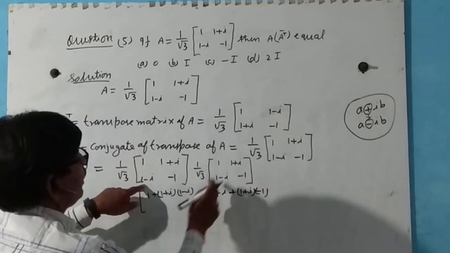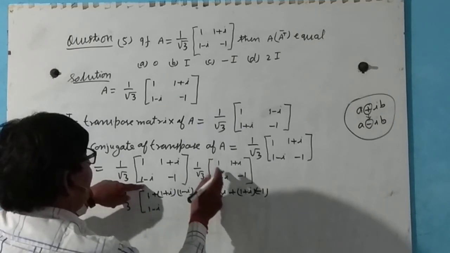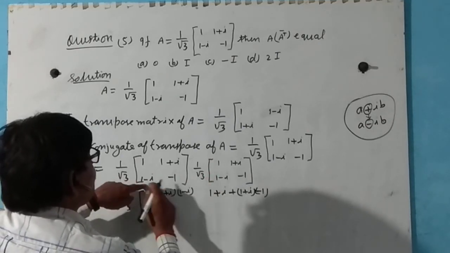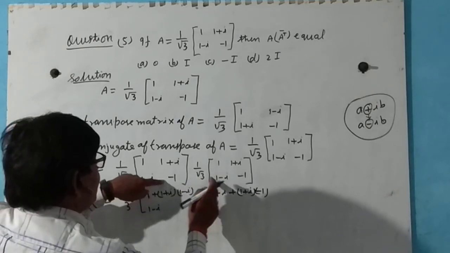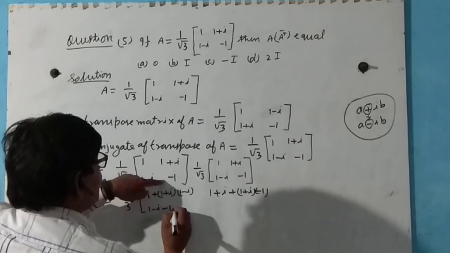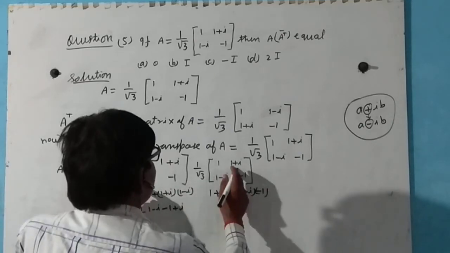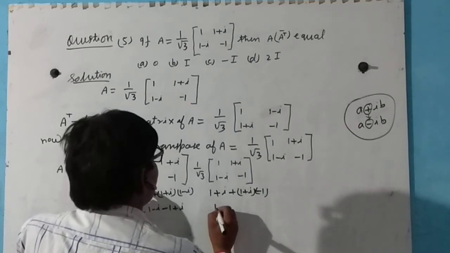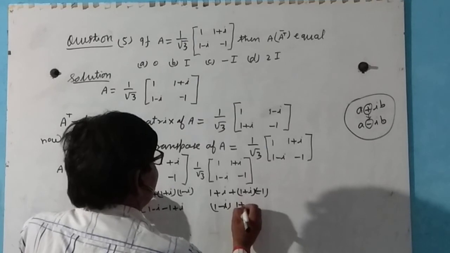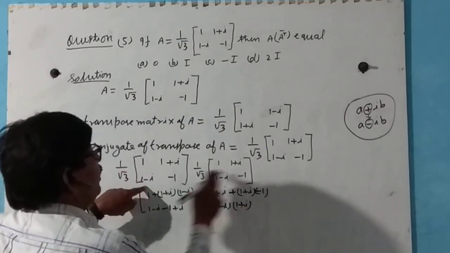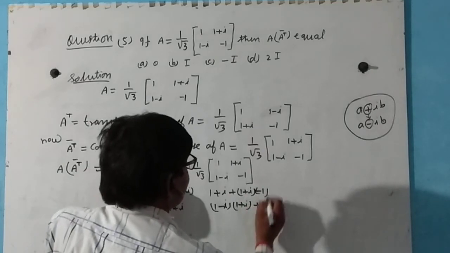Second row by column: 1 minus I, and 1 times this plus this times minus 1. Then 1 minus I into 1 plus I and minus 1 times minus 1, which is plus 1.